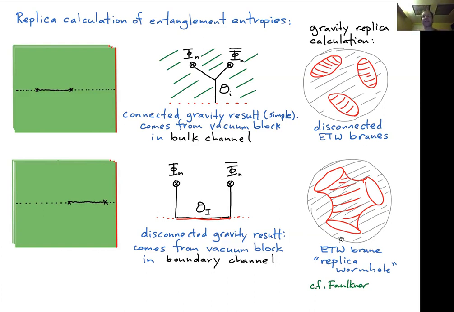But there's another kind of topology you can imagine, starting with a sphere with some holes cut out. We can fill in the sphere, but then the end of the world brane can connect up. This red surface is the end of the world brane, and inside that surface is just empty. So this is a different topology for the bulk geometry contributing to our partition function. And the claim is that in this phase, the geometry is like this, whereas in this phase, the geometry is like this.